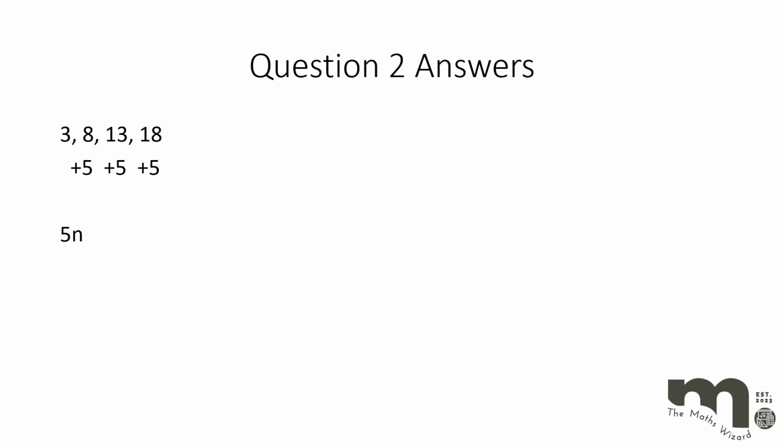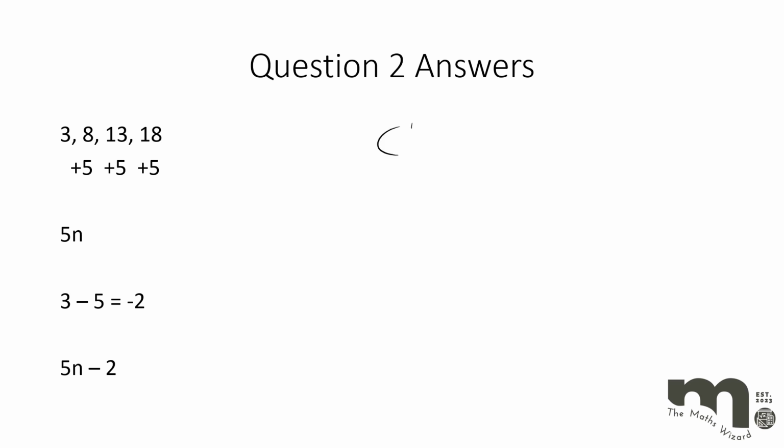Our first number is 3. If we take 5 away from 3, we get minus 2. So our nth term is going to be 5n take away 2, because 3 is 2 less than 5. All of the numbers in this sequence are essentially the 5 times table take away 2.